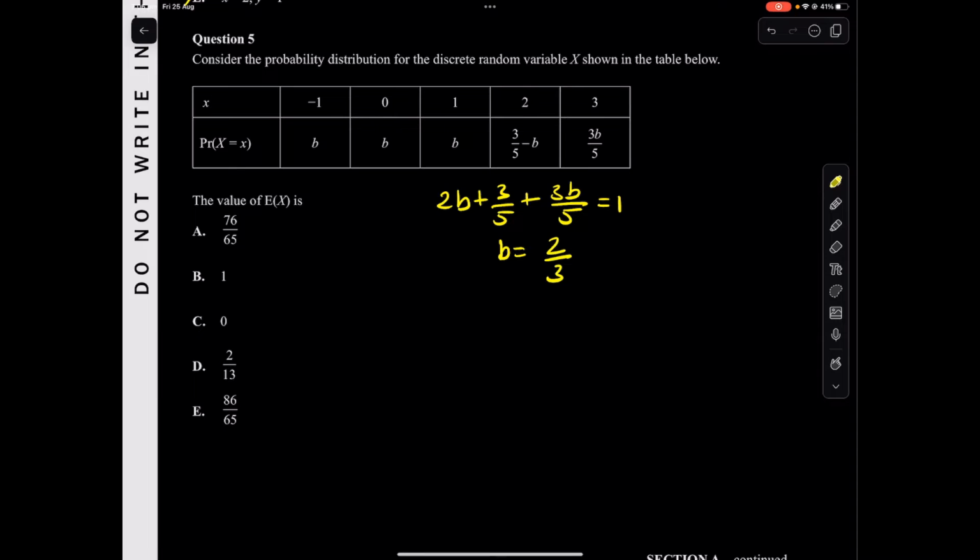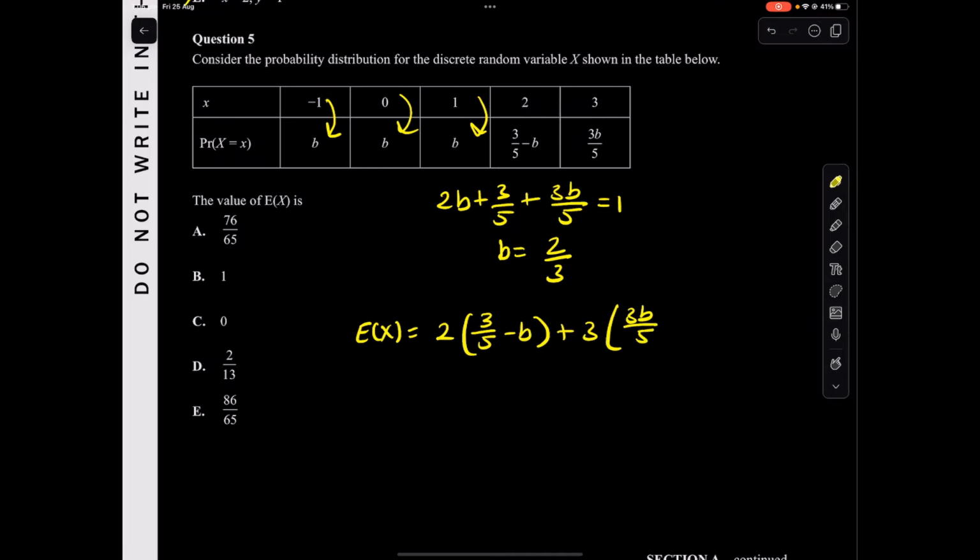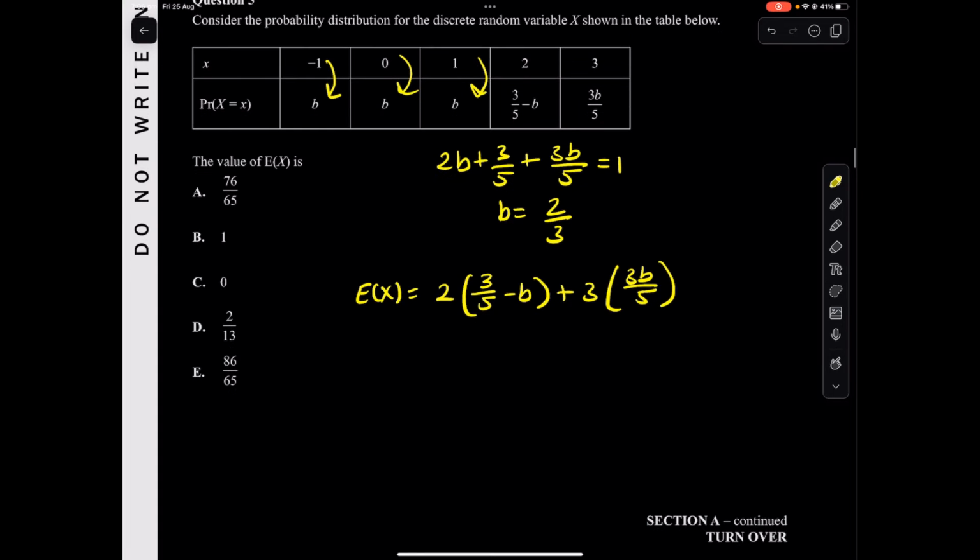So remember, expected value of x is multiplying these and adding them all together. So this will be negative b plus b. So these will just cancel out. So it's just 3 over 5 minus b plus 3b over 5, and we just sub in b inside of it, and that will give us our expected value.